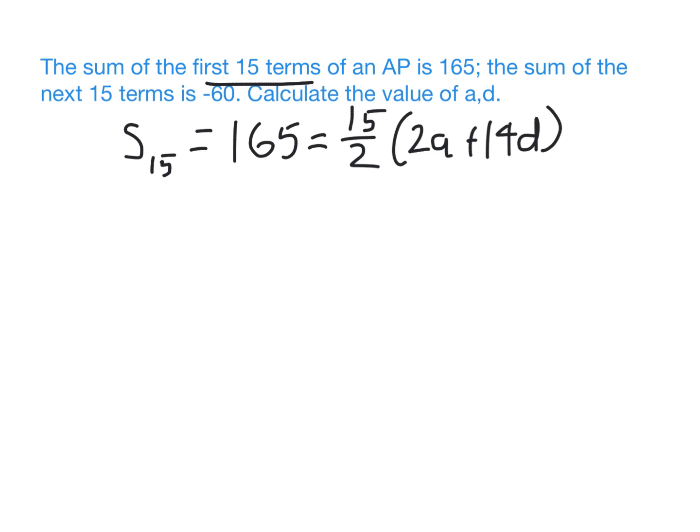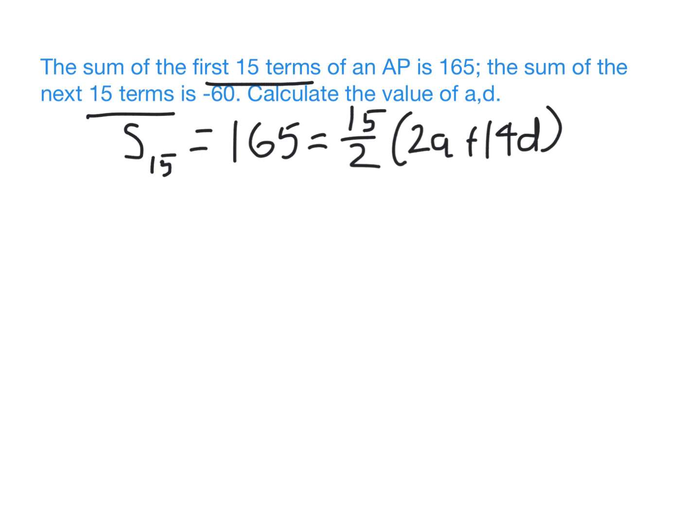Similarly, we'll get an equation from the next 15 terms. Now we have to be careful here, because the formula Sn equals n over 2 (2a plus (n minus 1)d) only calculates the first n terms. There's not really a formula that calculates the next 15 terms. That's the sum of all the terms from term 16 to term 30 inclusive.